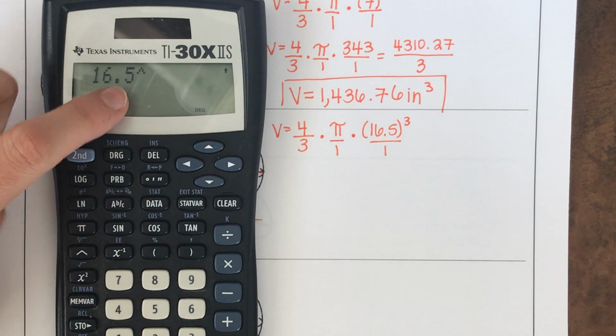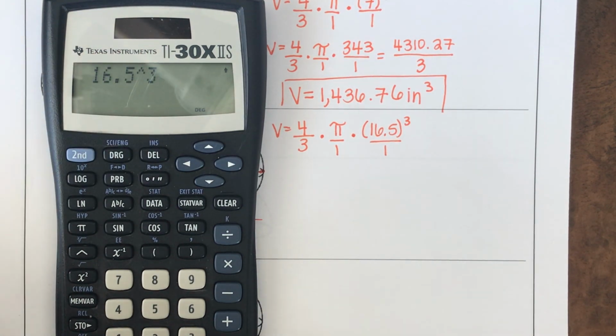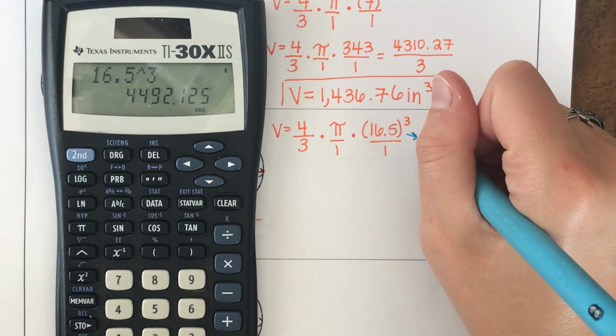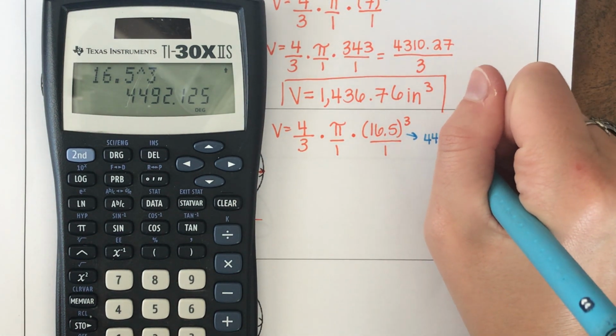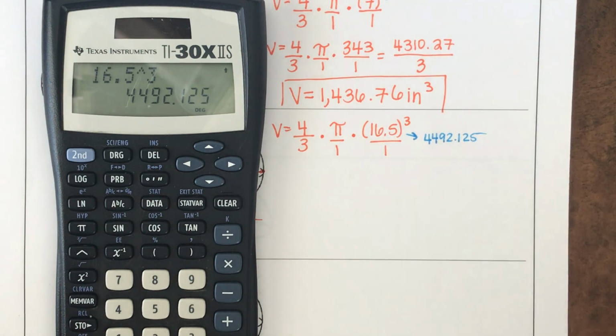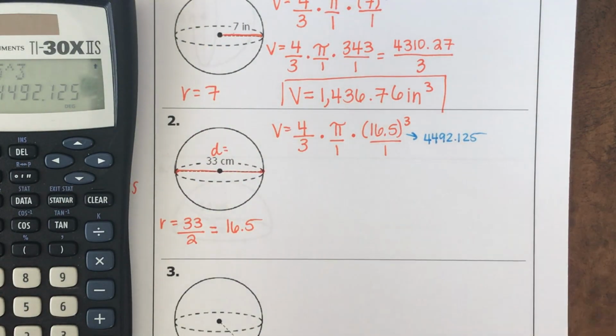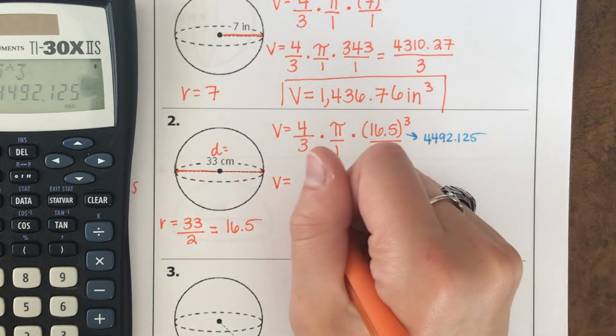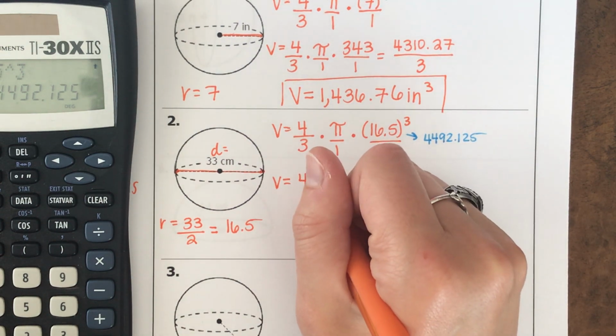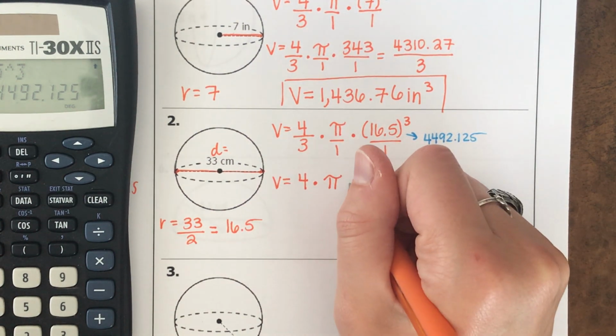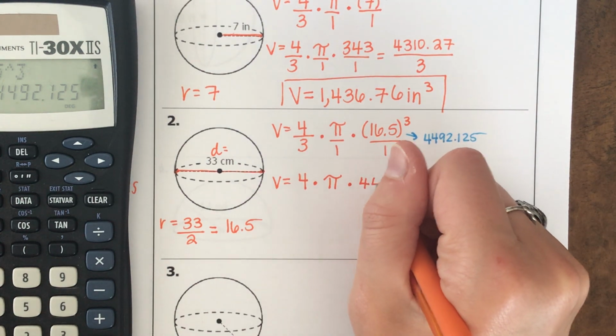That means 16.5 to whatever power you want, to the 3rd power. That's a very large number. Okay, so this one is 4492.125.